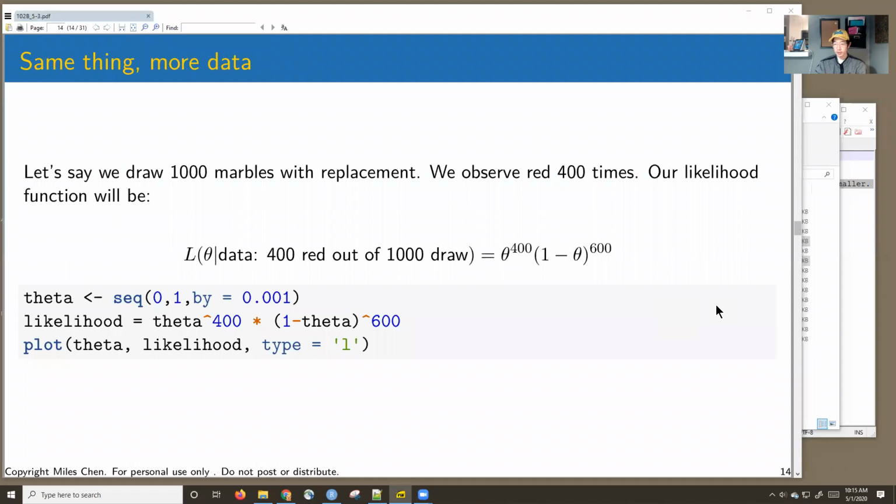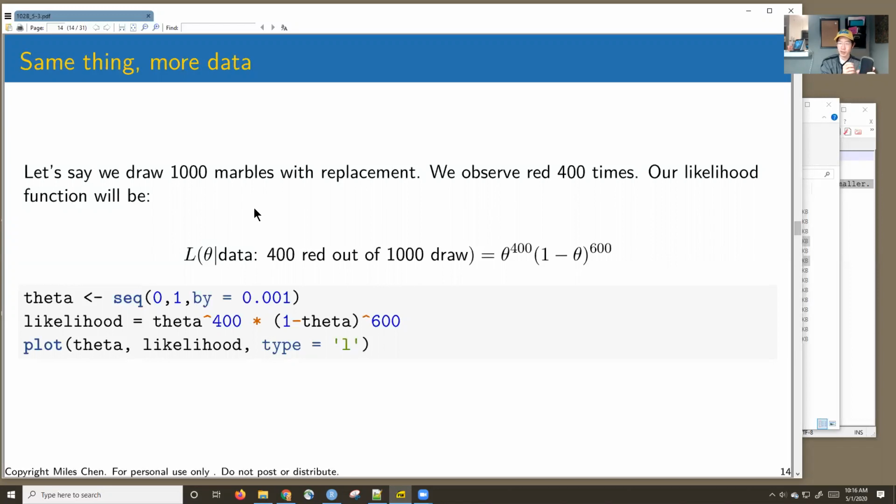All right, now if I do the same thing, but this time I draw 1,000 marbles. I draw from my pouch 1,000 times with replacement. This would be very tedious, but you can imagine I go in, look at a marble, put it back, shake up the pouch, reach in, grab another marble, put it back in, shake it up, and I do this 1,000 times.